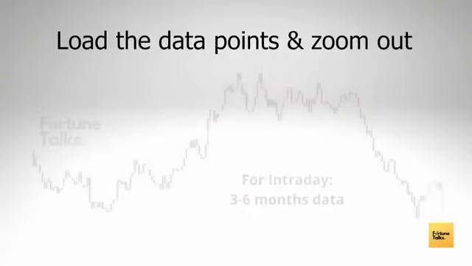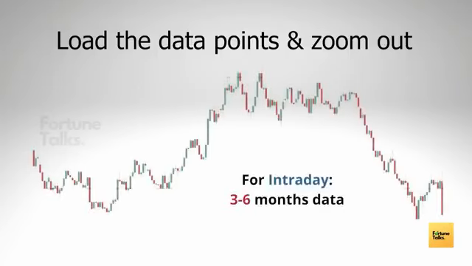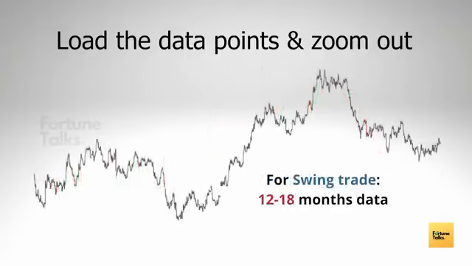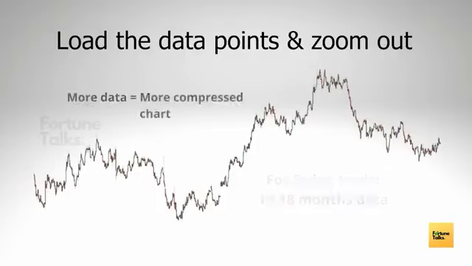So if your objective is to identify the short-term support and resistance for intraday trading, then you must load at least 3 to 6 months of data points. And if you want to identify the long-term support and resistance for swing or positional trades, load at least 12 to 18 months of data points. So when you load more number of data points, the chart looks more compressed.